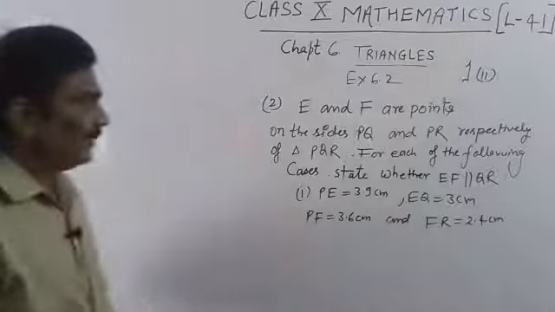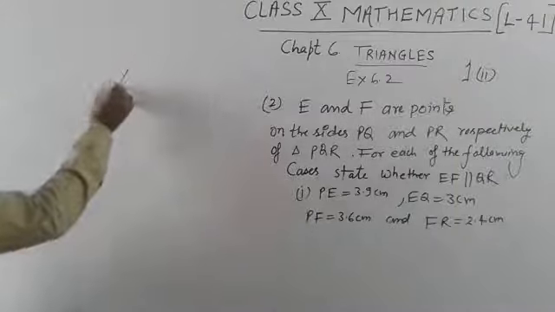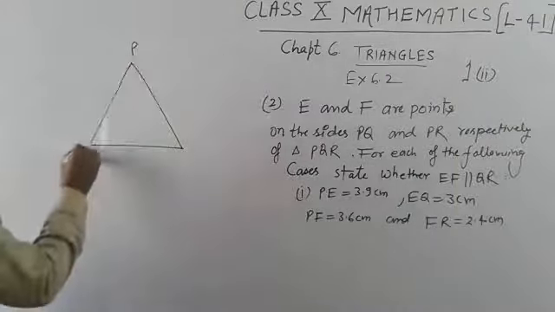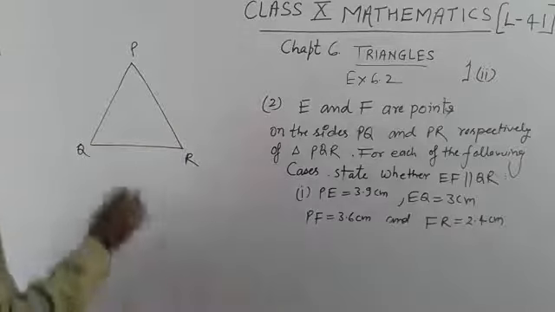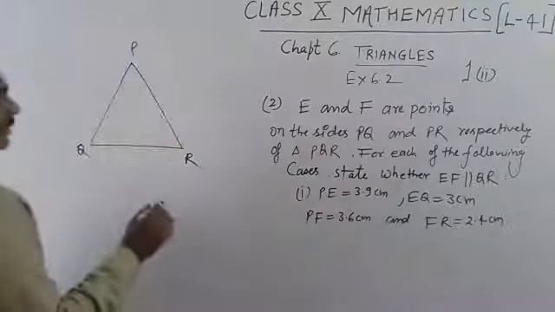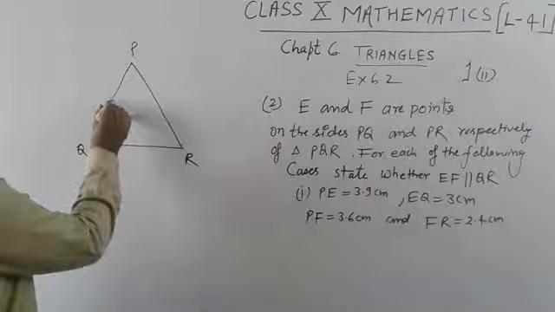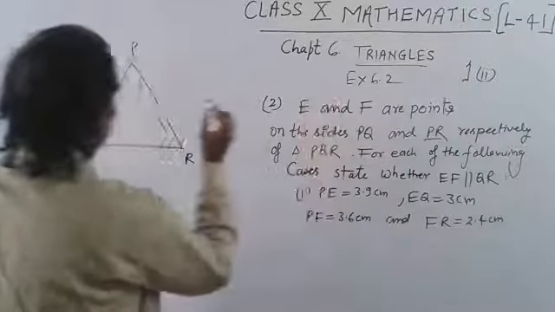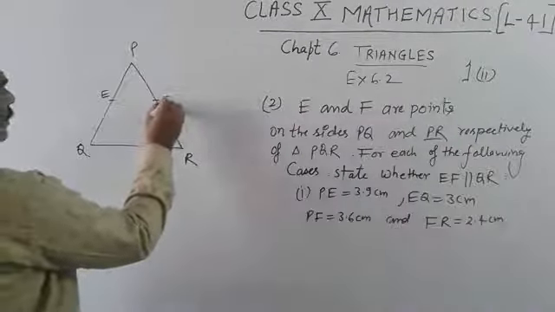So students, first of all we have a triangle PQR like this one. As according to question, E and F are the points on the side PQ. Point E is here, and PR, F is at PR.